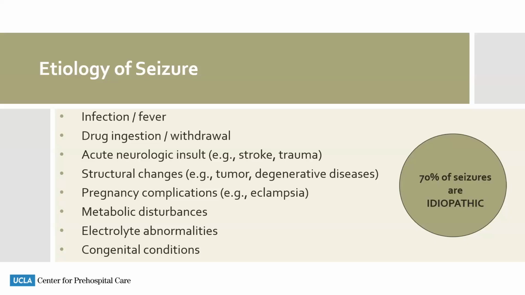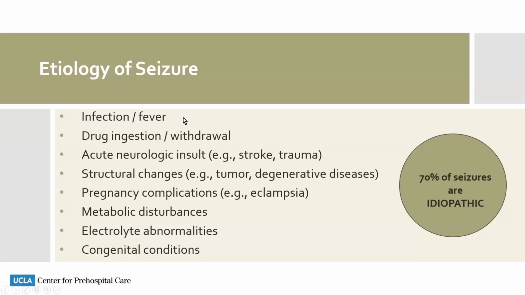But parents think their kid is going to die. So there's a great dichotomy between what you and I see as a seizure and what the parents see as a seizure. And so we need to be very supportive of parents, especially for kids that have a seizure.